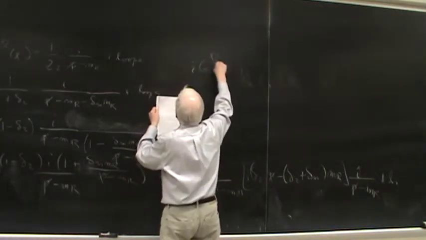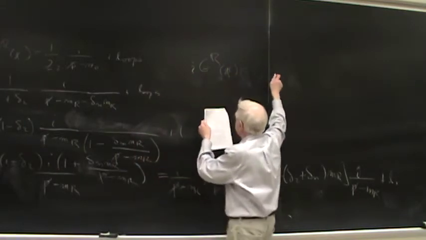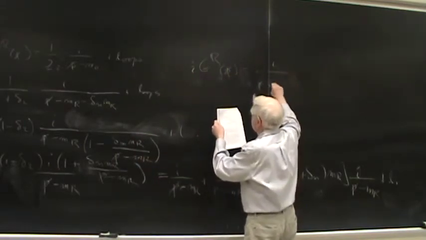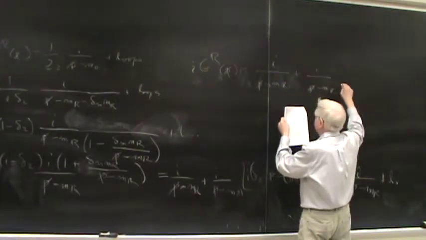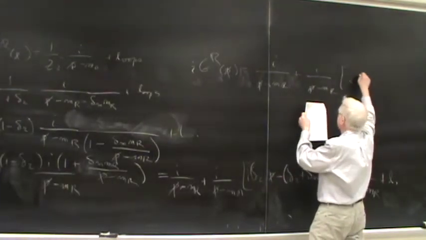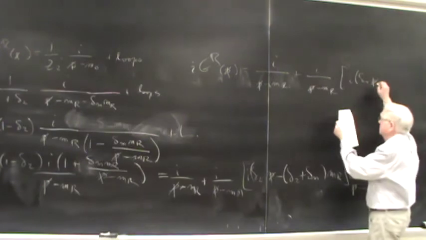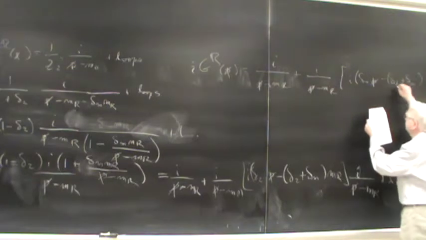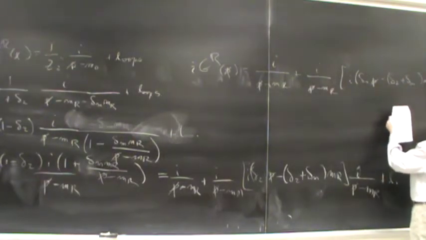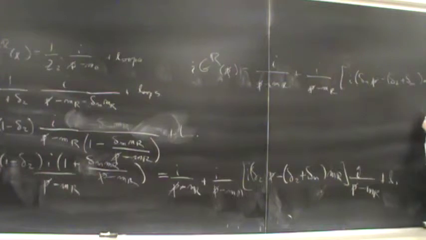what you have then is i G renormalized at P slash is i over P slash minus MR plus i over P slash minus MR times i delta 2 P slash minus delta 2 plus delta M times MR plus sigma 2 of P slash, times i over P slash minus MR plus higher order terms.